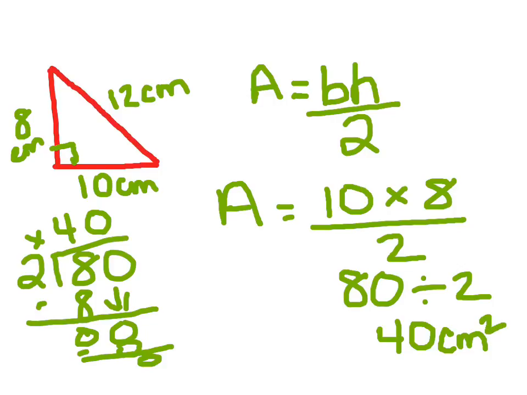Okay? And the reason for that is, if you think about it, let's show you something. A right triangle is really half of a rectangle. We know rectangle or squares is base times height or length times width. So then if you take half of that, you end up with a right triangle.